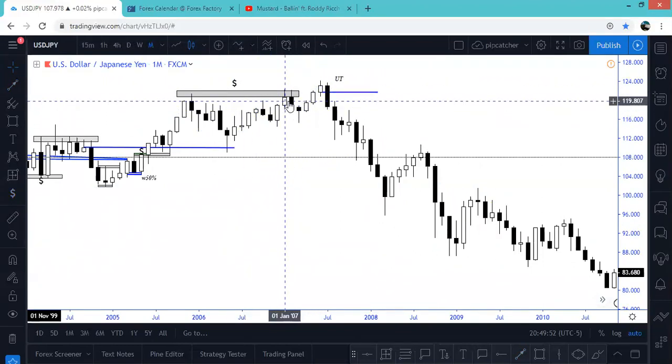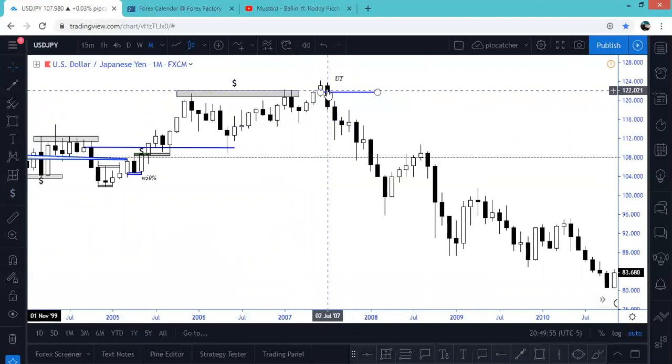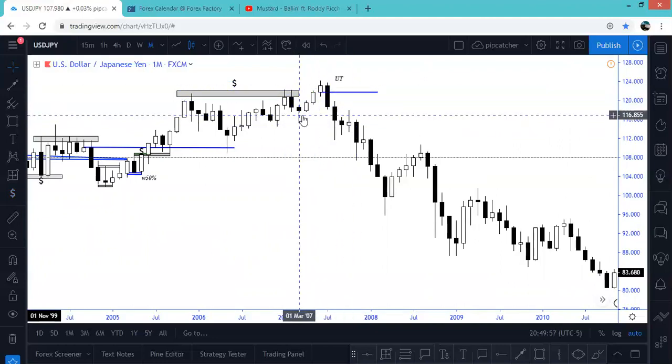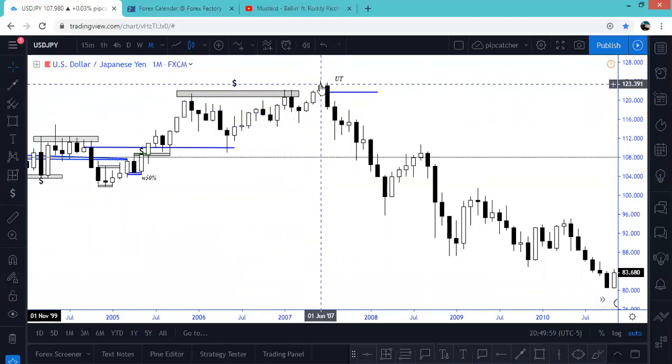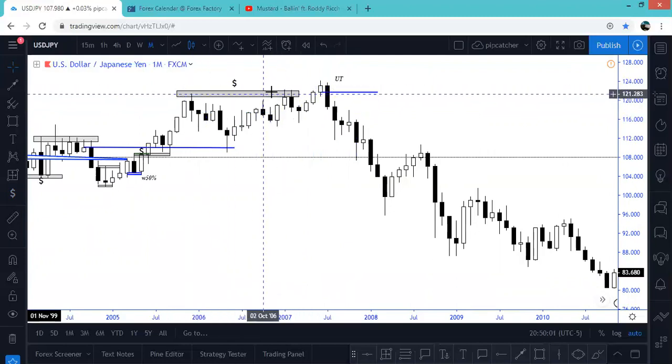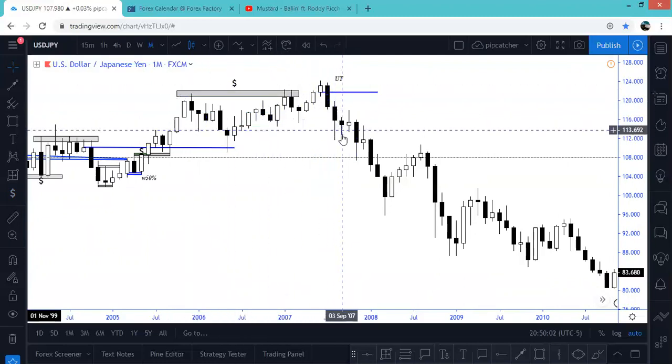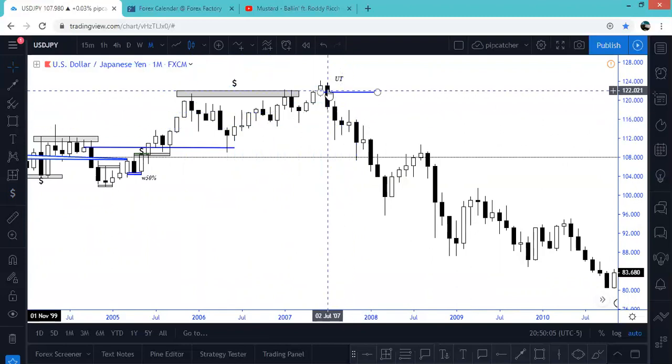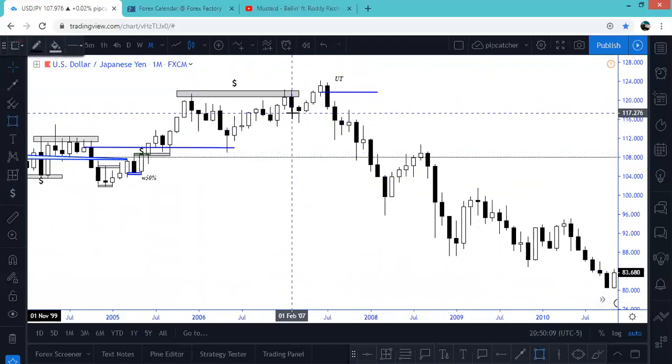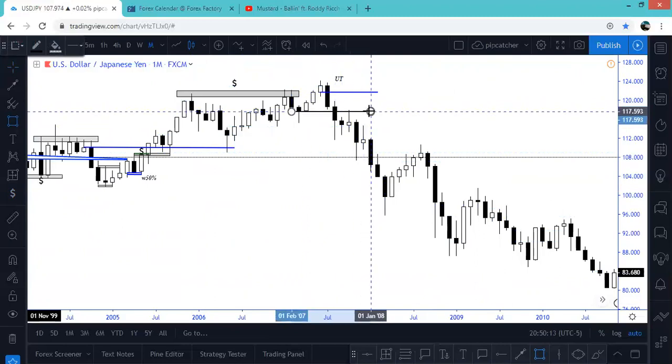Why is that? We have a short-term low, the stops get run through, and then a break of that short-term low. And where does that short-term low go? Right here.